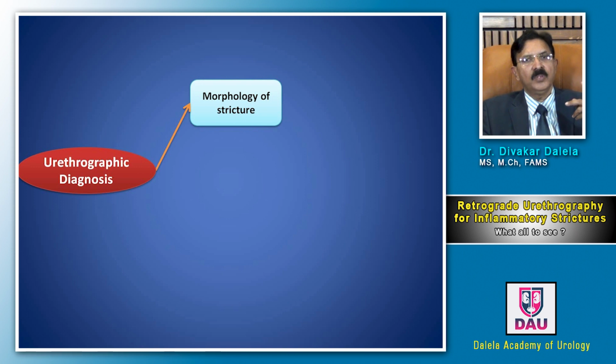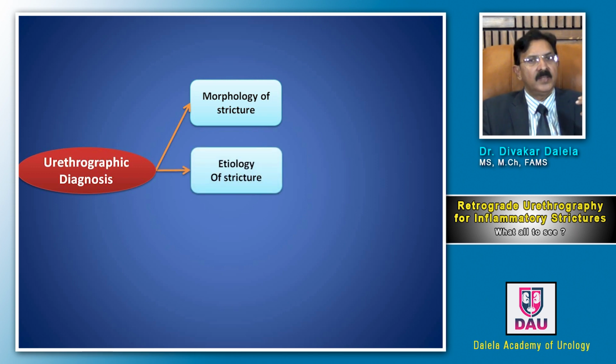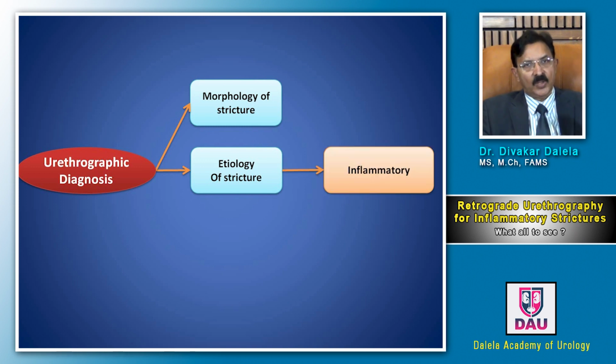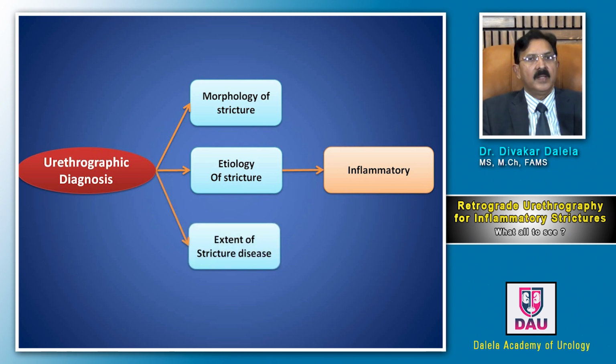Firstly, you have to study the morphology of stricture. Then you have to study what is the likely etiology of stricture based on that X-ray film. In the etiology, since we are talking of only inflammatory here, we will know that we are talking of inflammatory strictures, right? And third, you should be able to see what is the extent of stricture.